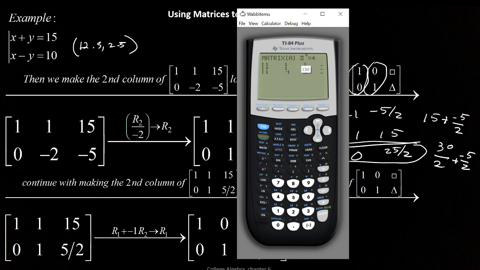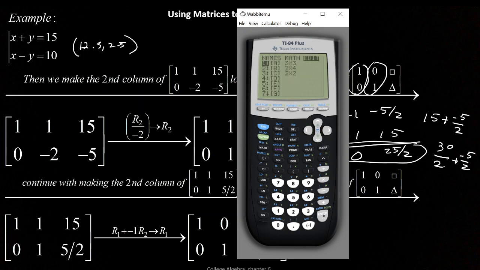Now you make the dimension of the matrix the same as the dimension of your augmented matrix. So 1, 1, 15, that's 2 by 3. So we put 2 by 3. Then we put 1, enter, 1, enter, 15, enter. Calculator, let me do this.